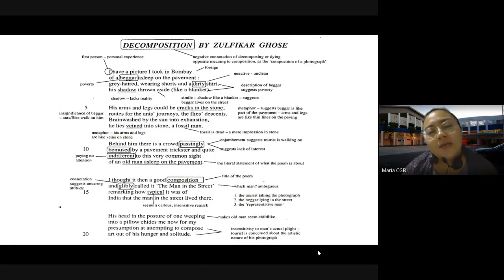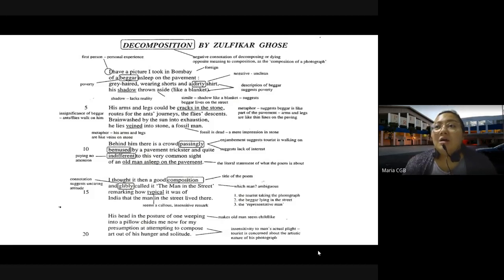That it feels that he's just there to take photographs of people, and also here we see that the persona is just taking photos of the man. To him, he's just a man on the street. He is like a tourist taking a photograph, all right? But the beggar is lying in the street.